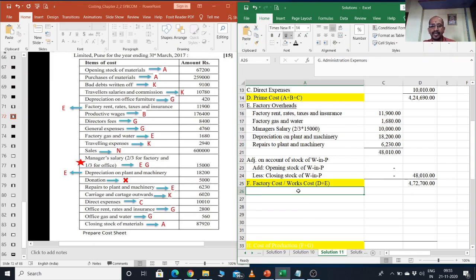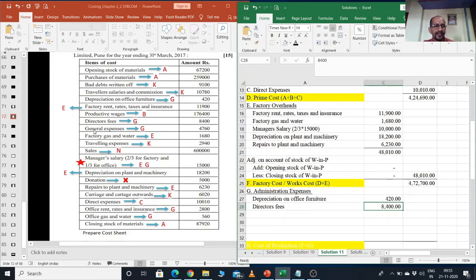Next is administrative expenditure. Again we need to see the G items. First is depreciation on office furniture. It is 420. Next is director's fee. It is 8,400. Next, general expenses, 4,760.